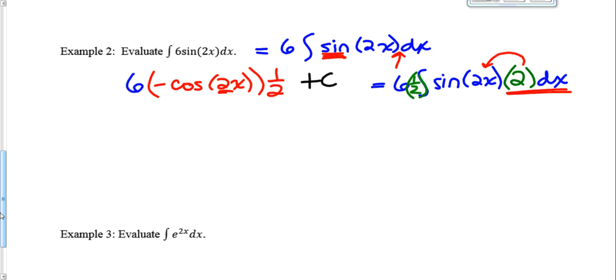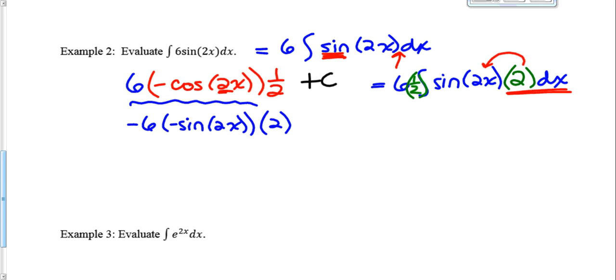So the other way to think about it is, once I start with my antiderivative, I need to think about when I find my derivative. So starting with just this part, when I find my derivative, I'm going to have negative 6 times negative sine of 2x times 2. But that 2 isn't there in what I'm finding the antiderivative of.